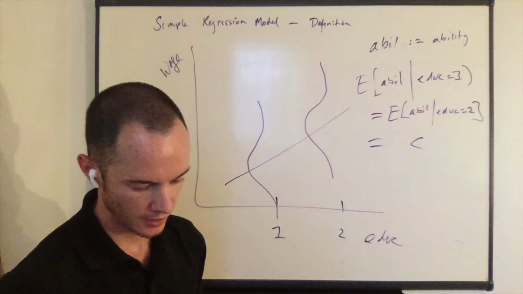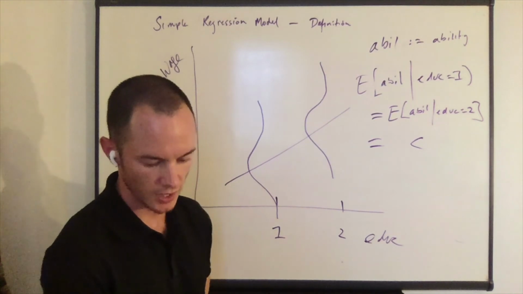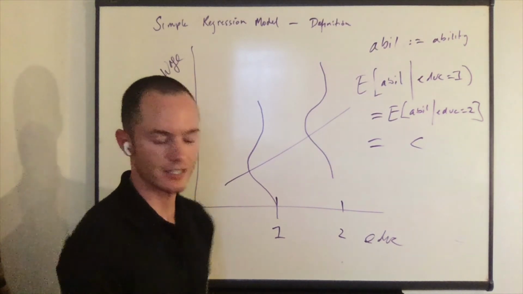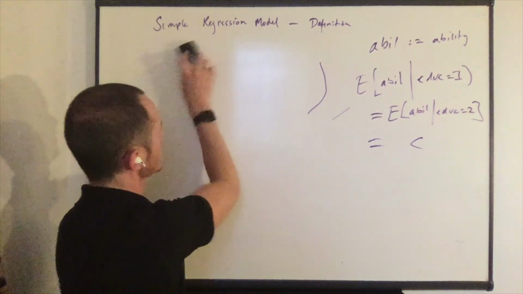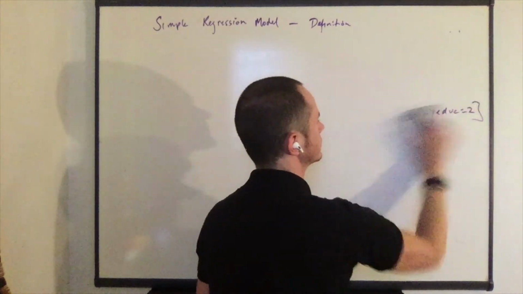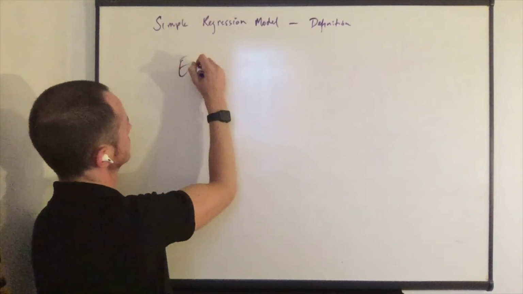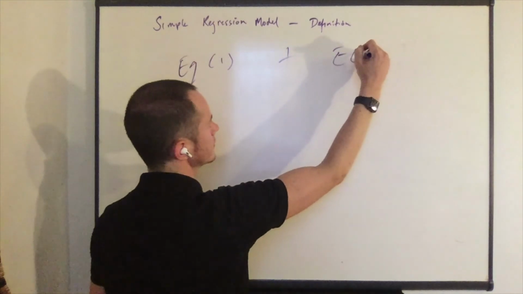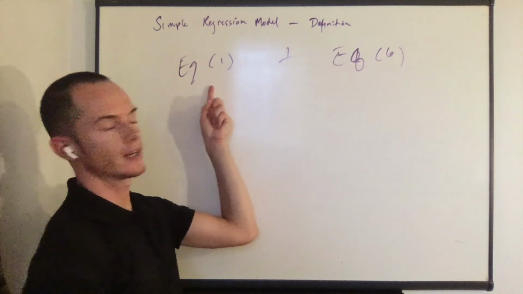All right. Now, if we put together equation 1 with equation 6, we can come up with our population regression function. Equation 1 plus equation 6. So equation 1 is a simple regression model.